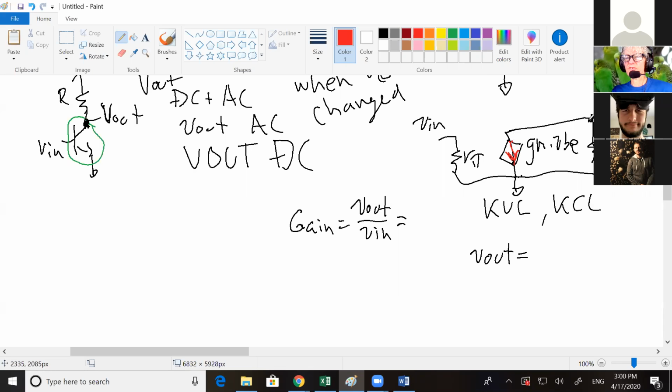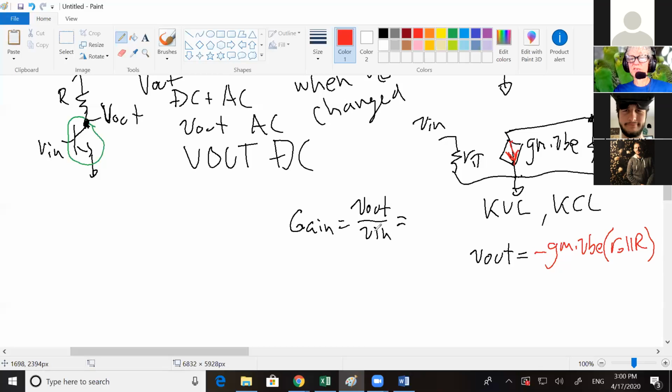But to find V out, you look at the current going into this resistance. So it's actually the negative of this current. And this equation right here tells you what that current is. And then that current's going across this resistor. And this is your equation.